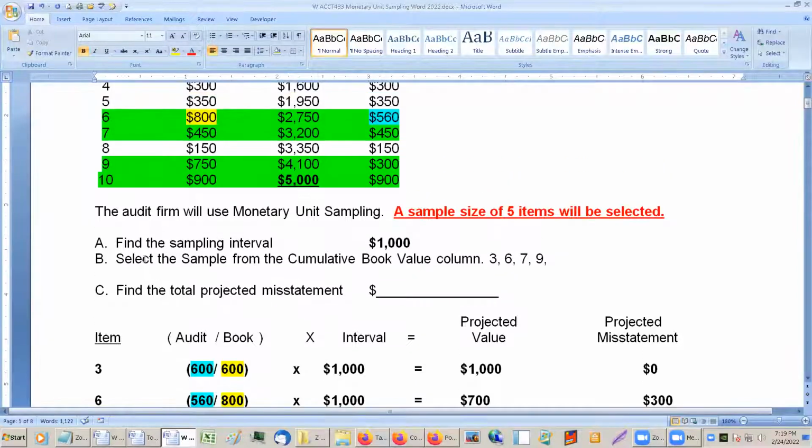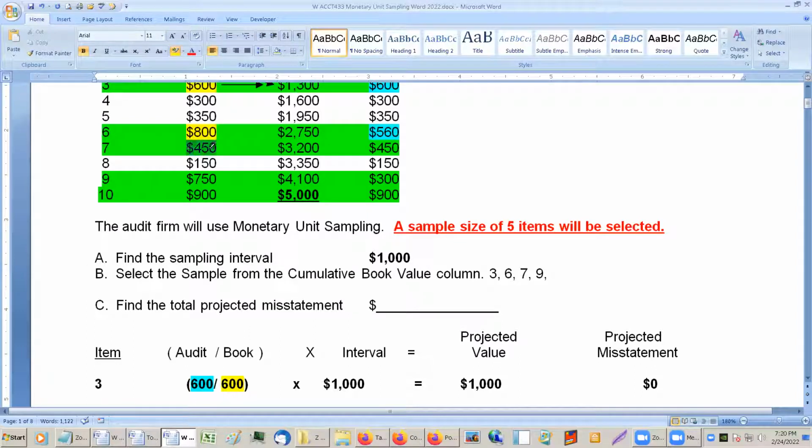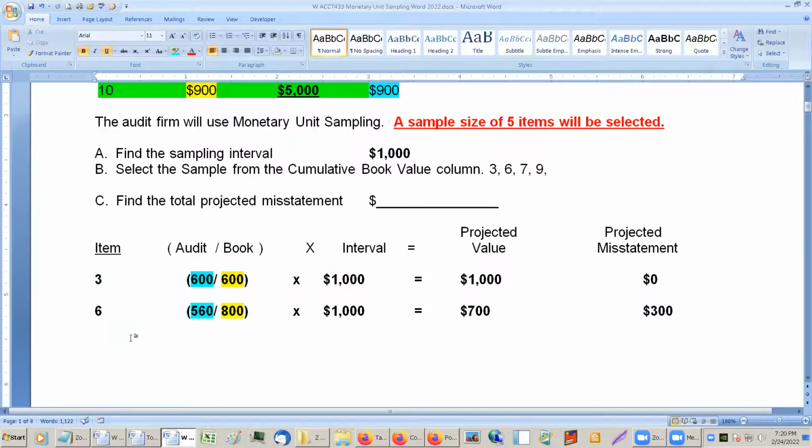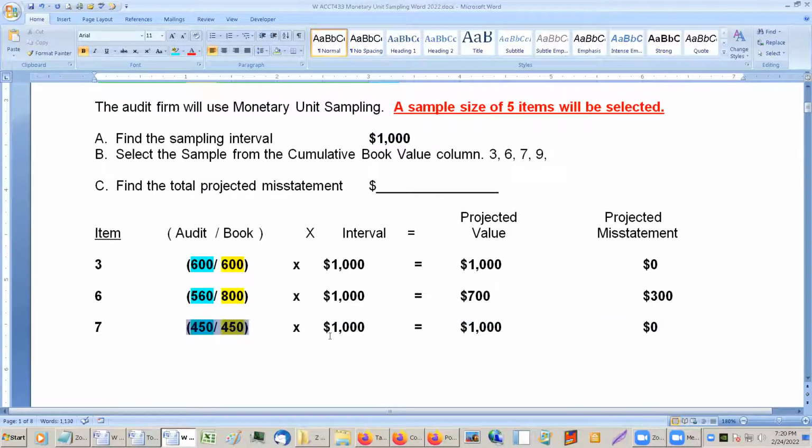All right, and let's go to 7. Number 7: 450, 450. If they're both the same, it's just going to be the same.